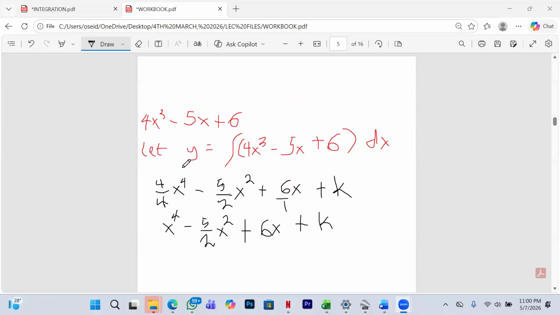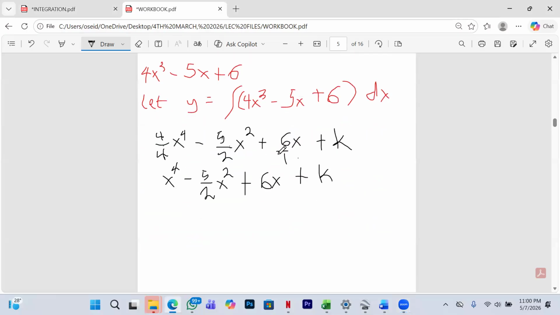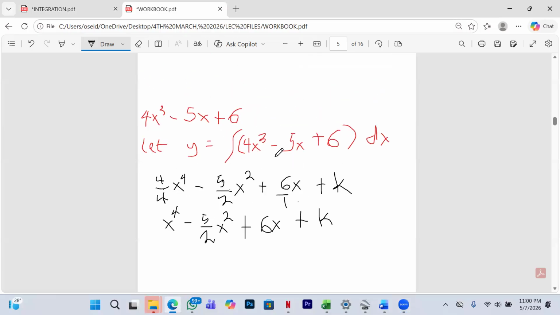Yes, please, sir can talk. With the 6, after you introduce the x, won't it be like 6x squared over 2? No, you see, over here, there is no x here, right? Are you looking at where I'm pointing? Yeah. There is no x here. So if we add the x, we are adding only 1.